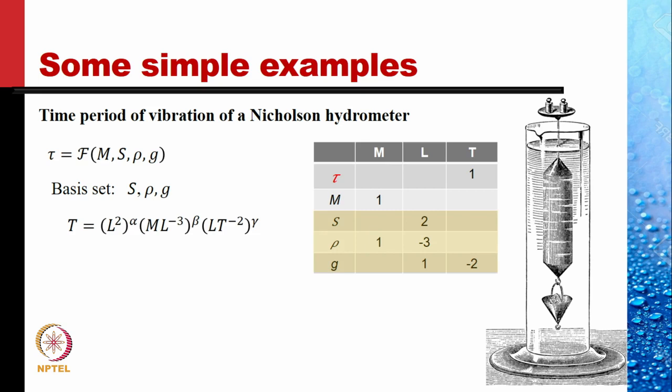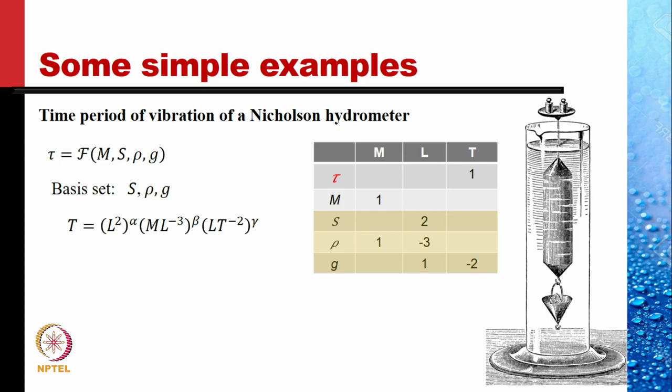So the time period tau would have the dimension of S raised to power alpha, rho raised to power beta, and G raised to power gamma. S is L square, so this becomes L square raised to power alpha. Rho is M L minus 3, so this becomes M L minus 3 raised to power beta, and G is L T minus 2, so it becomes L T minus 2 raised to power gamma.